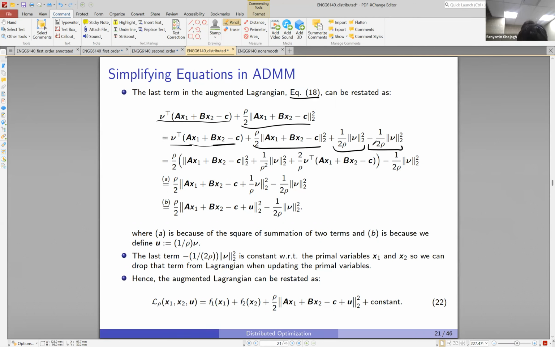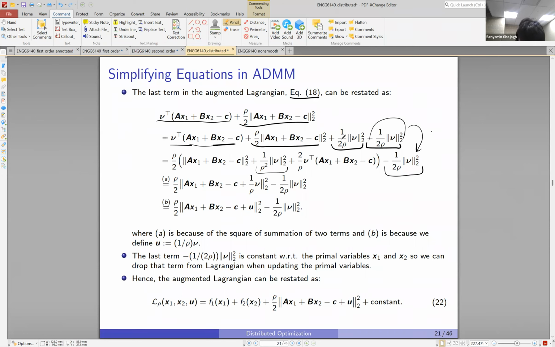Let's see. I'm repeating this here. This is not changed, but I'm using this here with them. This is repeated here, but I'm factoring out rho over 2.